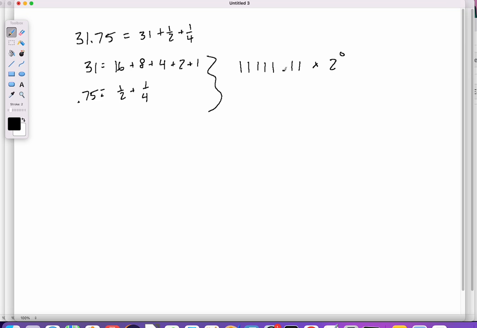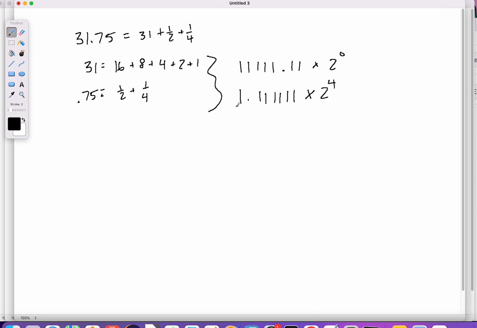So I've got to normalize this. That would put it at 2 to the first, 2 to the second, 2 to the third, 2 to the fourth. So that's 1.11111 times 2 to the fourth.